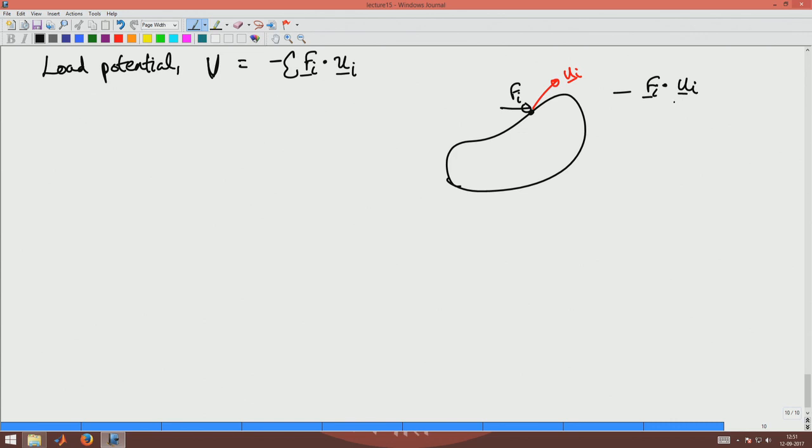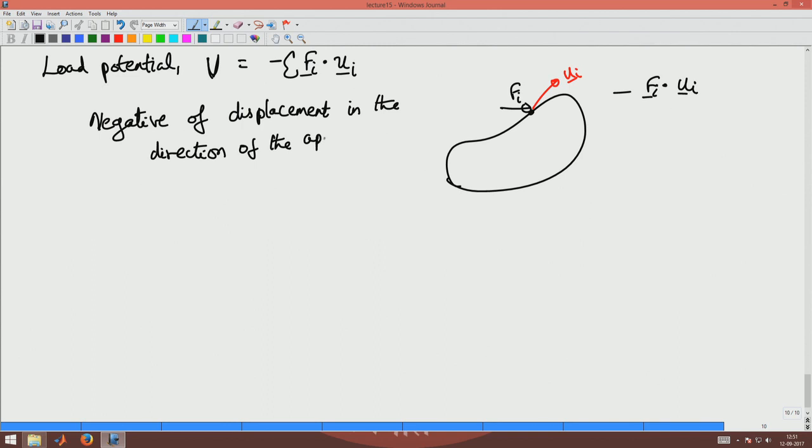Okay. Load potential is the negative of force times displacement in the direction of the applied force.